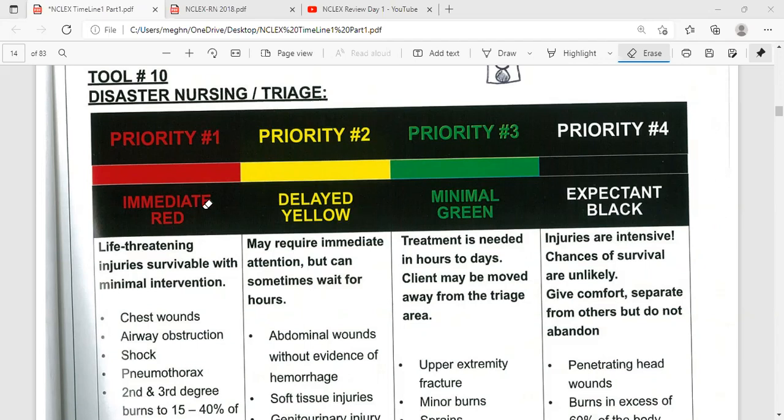So immediate: a patient has a nosebleed. If you push a little bit on the nasal septum, bleeding will stop and the patient will be okay. But if you do not put the pressure, bleeding will continue and the patient can develop hypotension and shock and will die. Imagine a patient has very bad head injuries, and whatever you do, the head injury is so bad and the patient will not survive.